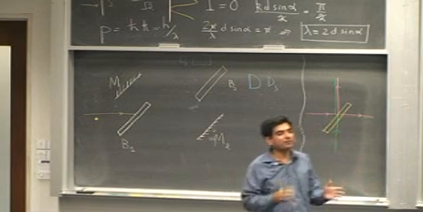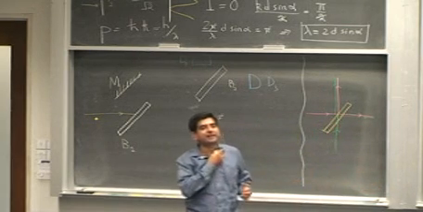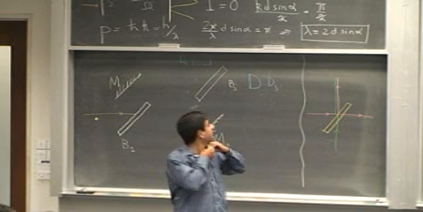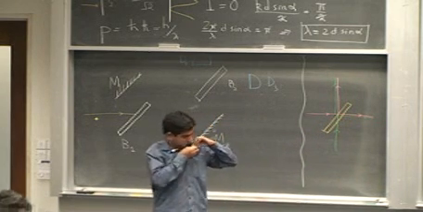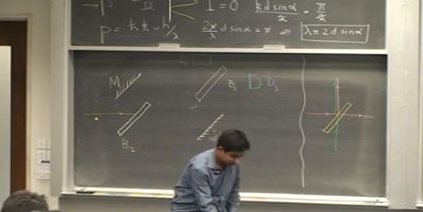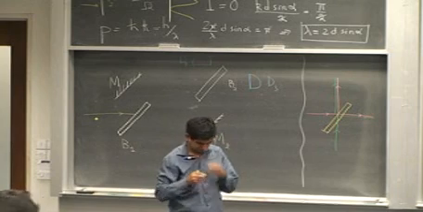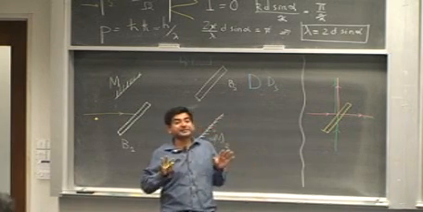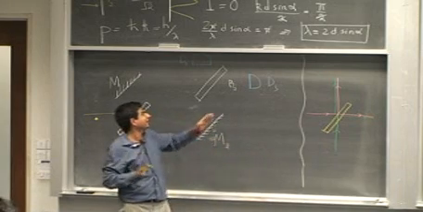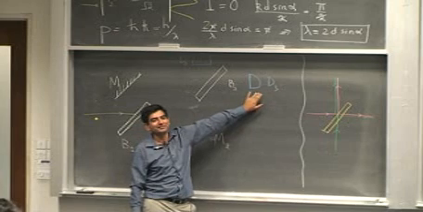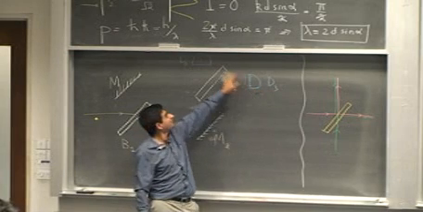There has to be a probability that D3 clicks and a probability that D4 clicks. Only one can click. But what's the probability that D3 clicks? 50%, 50% here.